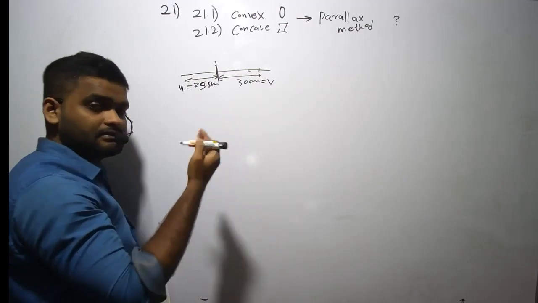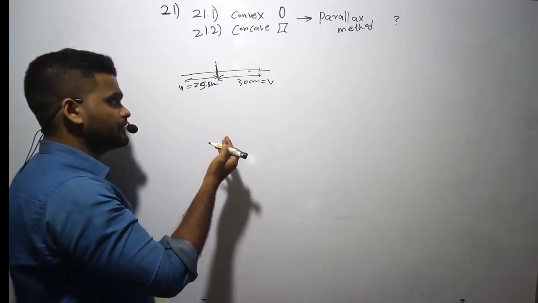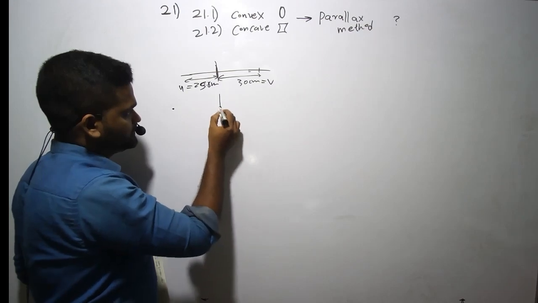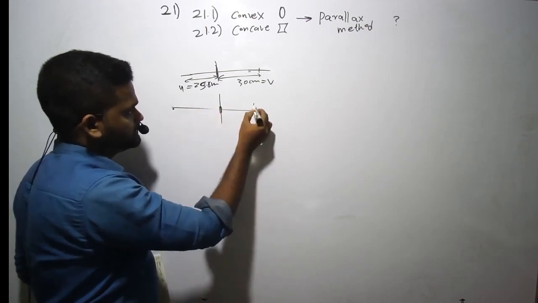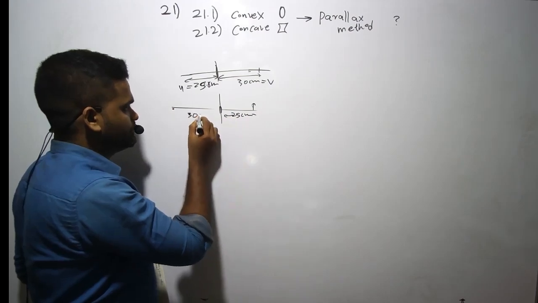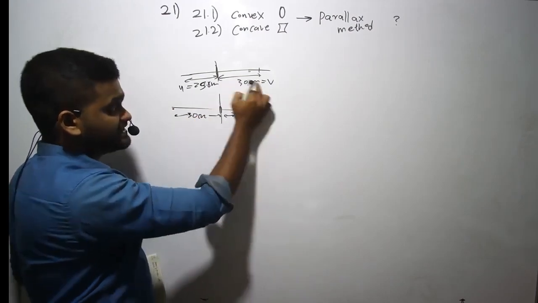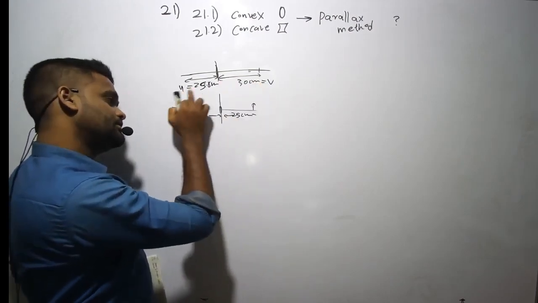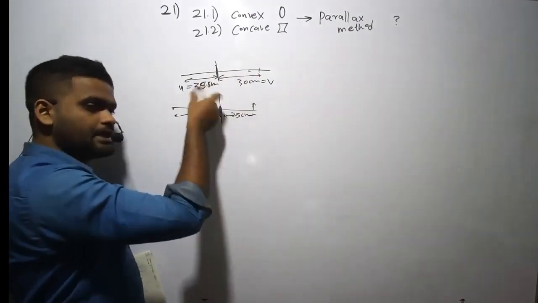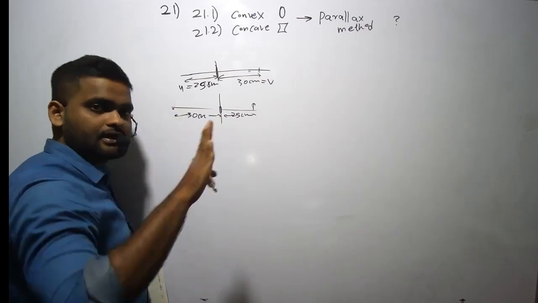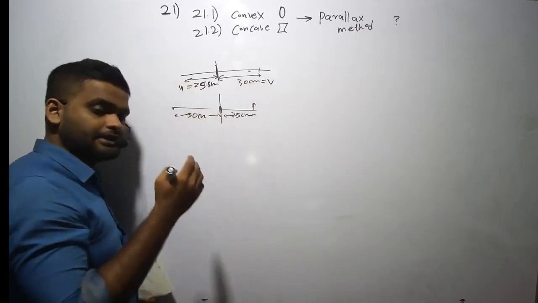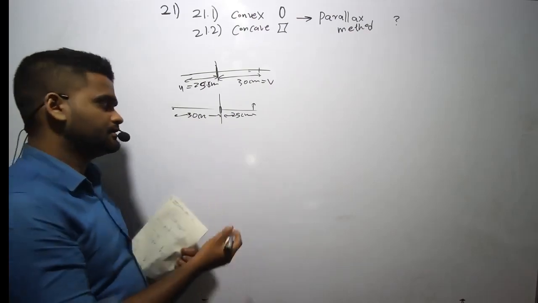Because of reversibility, if you place the object at 30 centimeters, the image is going to form at 25 centimeters. So you can change these V and U values only for real images, then you can have more coordinates, right?